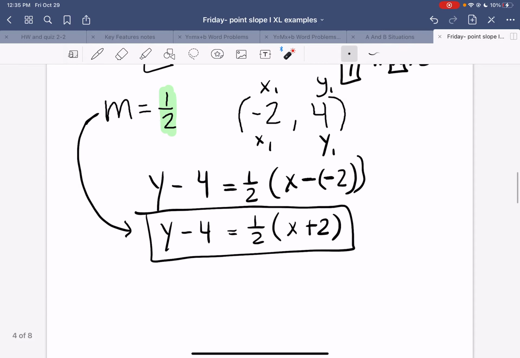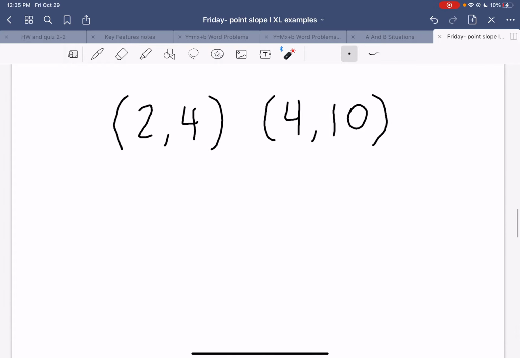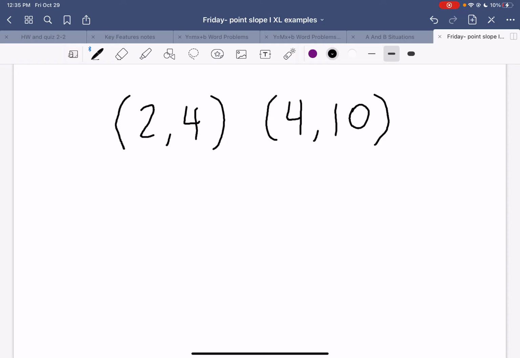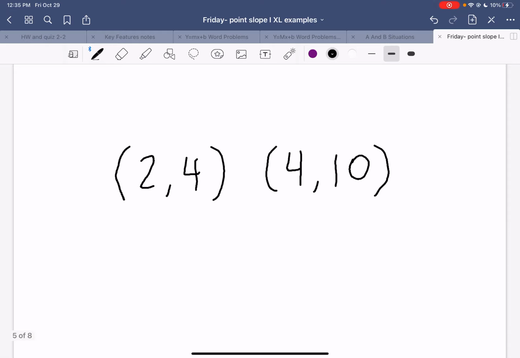Okay, the next scenario is given two points on a line. So both of these coordinate pairs appear on our graphed line, and they said, write an equation in point-slope form using this equation. So let's write our equation again. y minus y1 equals m(x minus x1).